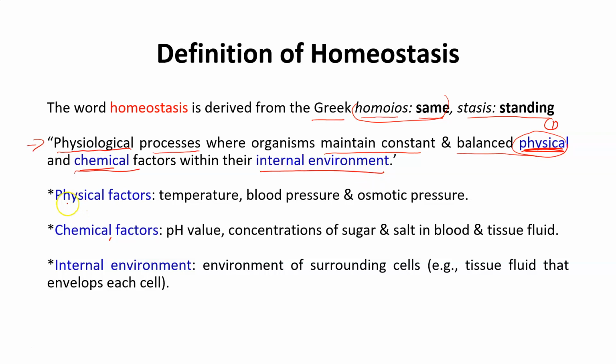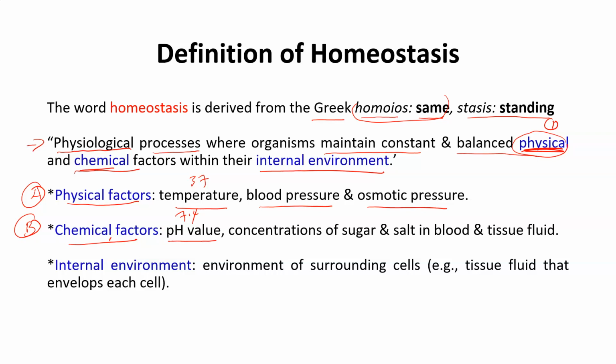Okay, physical factors such as body temperature, blood pressure, osmotic pressure. Okay, the example of chemical factors, which is your blood pH. Your blood pH has to be maintained at 7.4, body temperature at 37 degrees. Blood pressure ada range dia yang kita akan tengok dalam chapter blood circulation nanti.